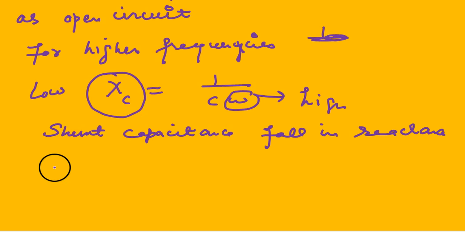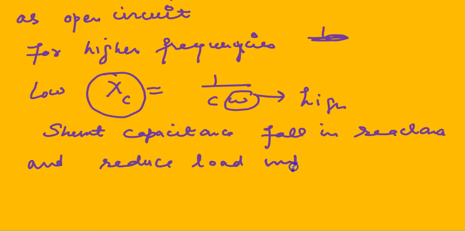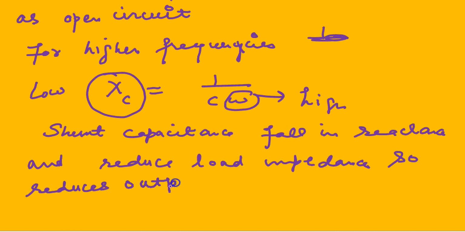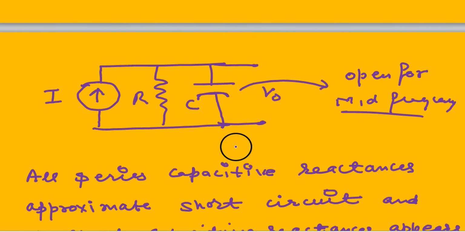Here the shunt capacitance falls in reactance, and with the result it reduces the load impedance. It affects the load impedance because it is not behaving as an open circuit now.